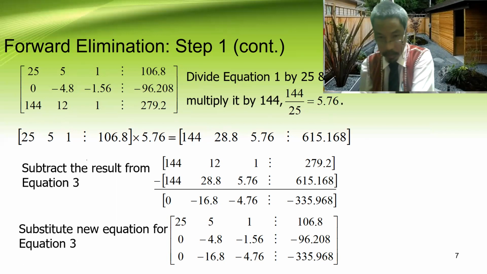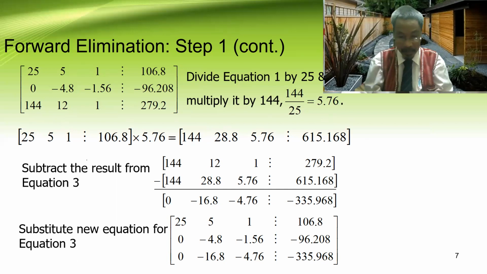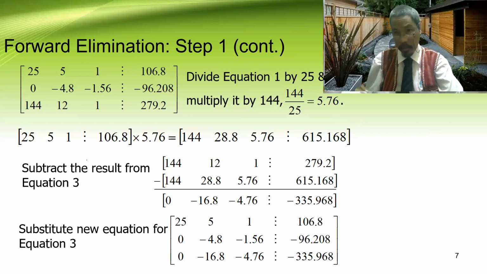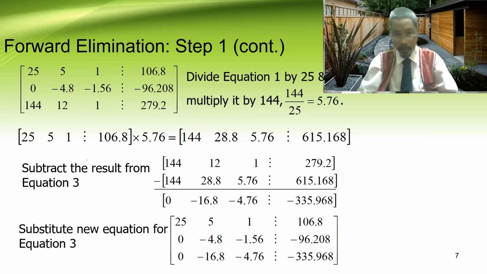And 1 minus 5.76 is negative 4.76. Those are negative. And lastly, we have 279.2 minus 615.168. This is negative 335.968. Use your calculator to verify this.